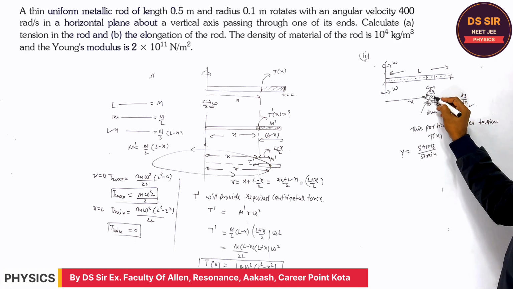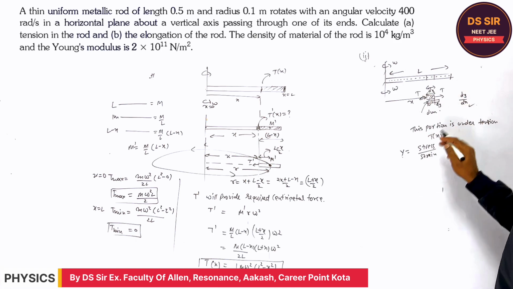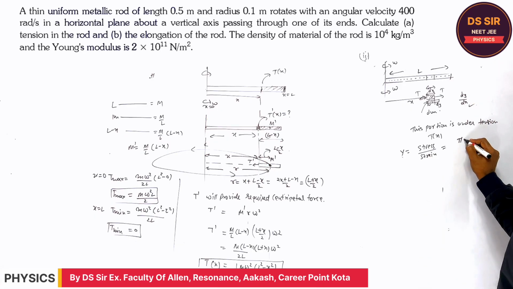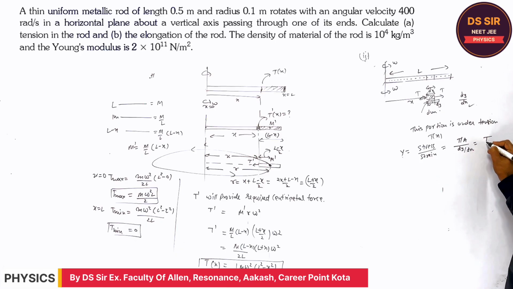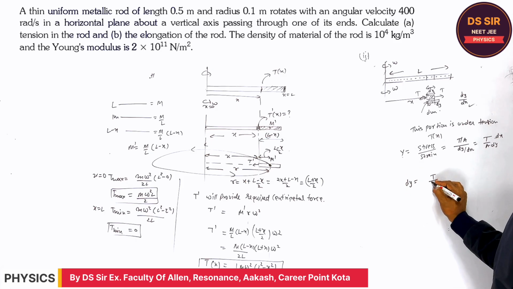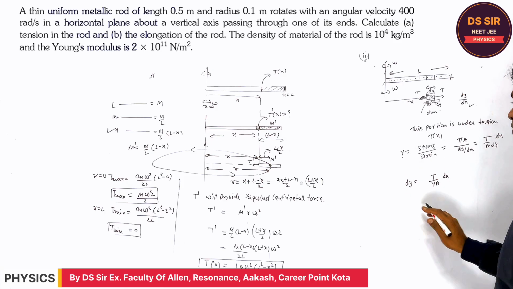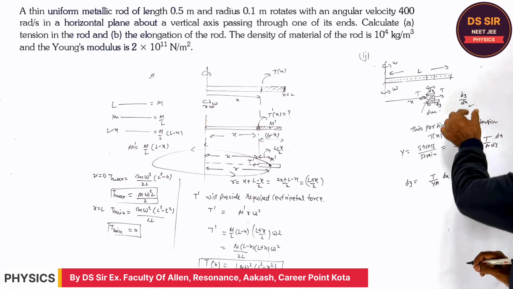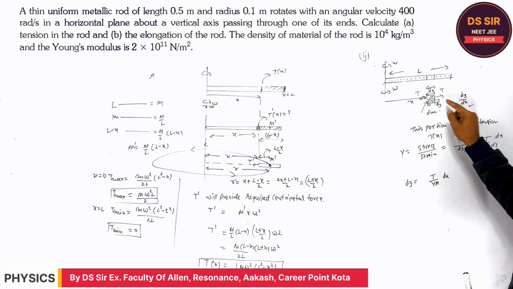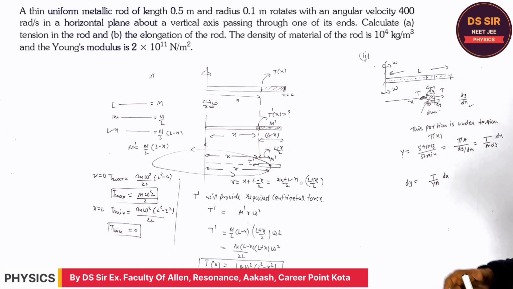When it comes under the tension T, the elongation is dy. So stress is T upon A, strain is dy upon dx, so Y equals T upon A times dx upon dy. So dy is equal to T upon YA into dx. What is dy? Elemental elongation in the elemental part dx.